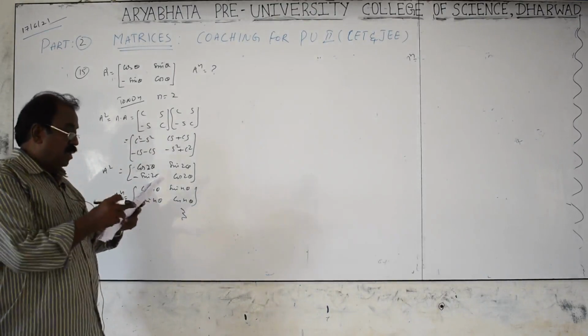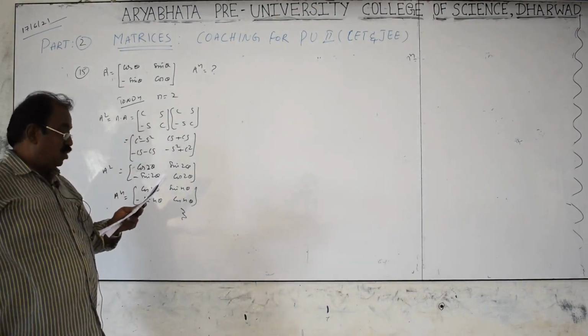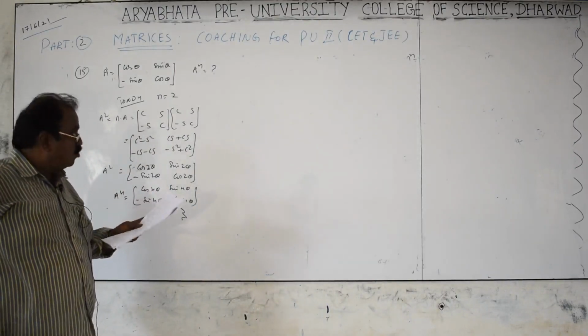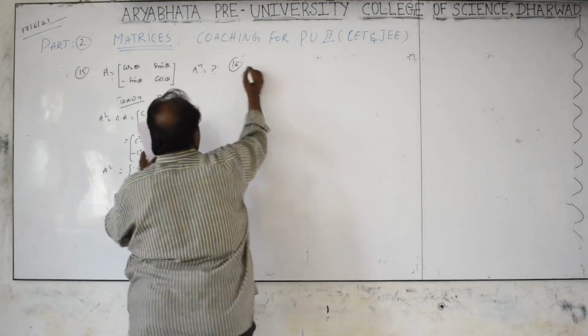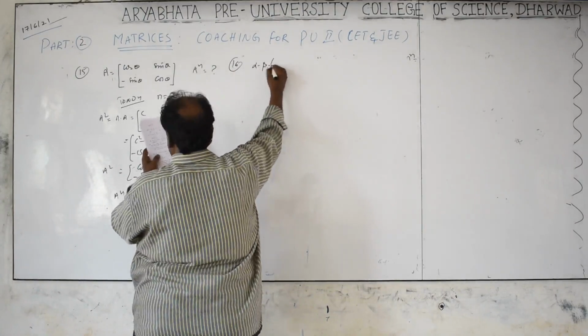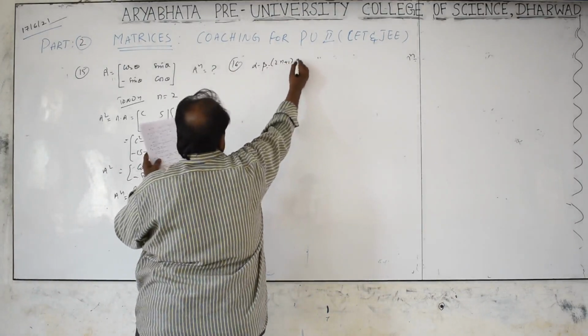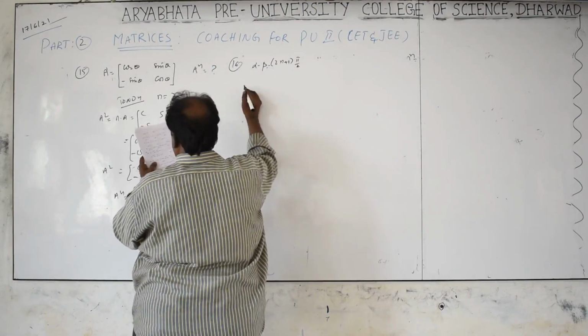Next, the 16th one. Alpha minus beta is equal to 2n plus 1 into pi by 2 is given.